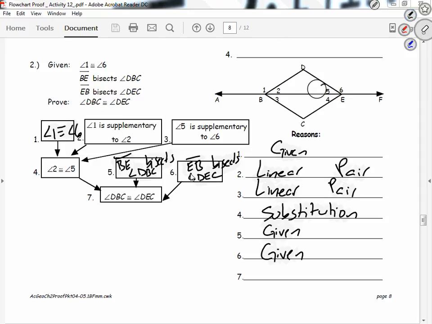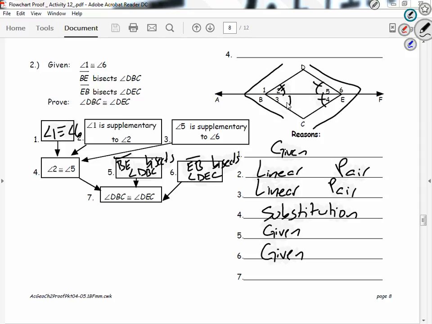Just to have this clear, you see how DEC is this one, right? EB bisects that angle. So can I say angle 5 and angle 4 are the same thing? Yeah. Let me put the little same marking. See how BE bisects the angle DBC? Can I say angle 2 and angle 3 are equal? Yes.